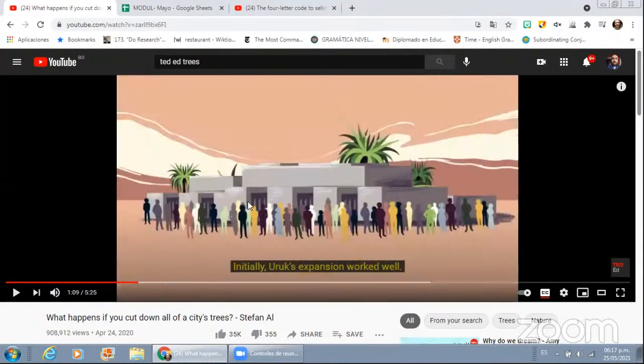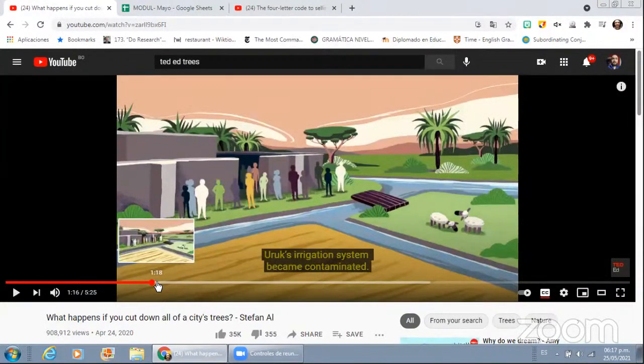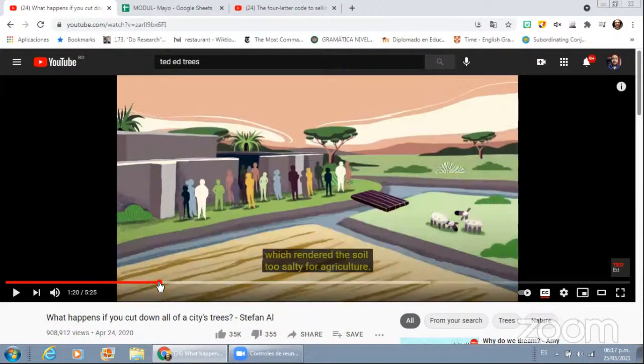And at the beginning, Uruk was working well, but because they cut down the trees, what you told happened, right? The irrigation system became contaminated. The water started to evaporate. The soil, it means the land, right, became salty. It's like salt, right, for agriculture. It means you cannot grow your food there.